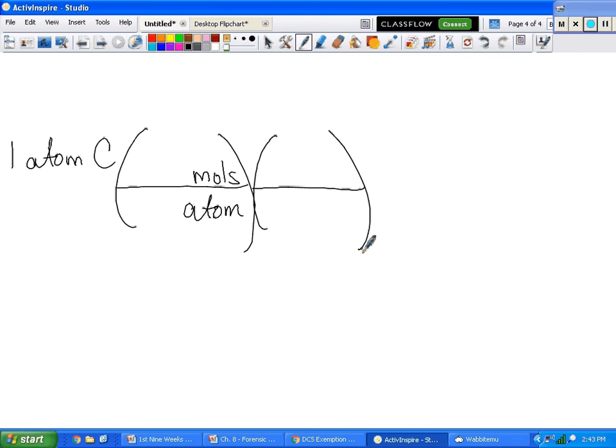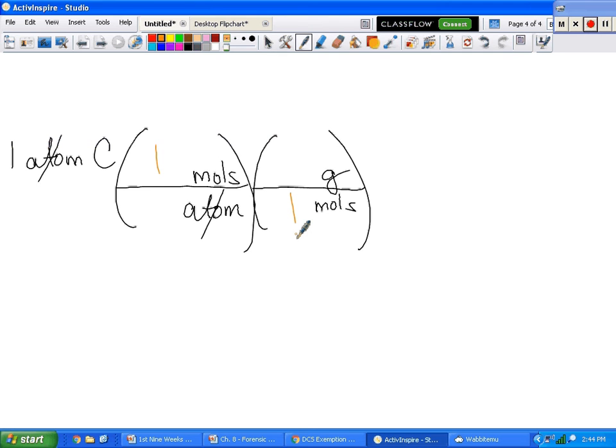I'm left with moles, but I don't want it. Where do I put it? On the bottom again. And this time, I know that I can jump into the grams. Same question as we always start with. If you see a mole, what do you give it? A 1. If you see atoms, and again, it's up there at the very top of this page, what do you put for atoms?